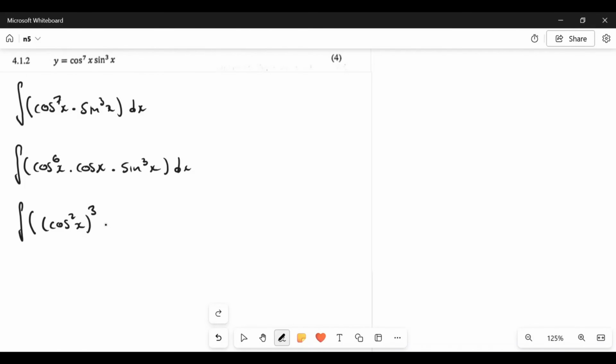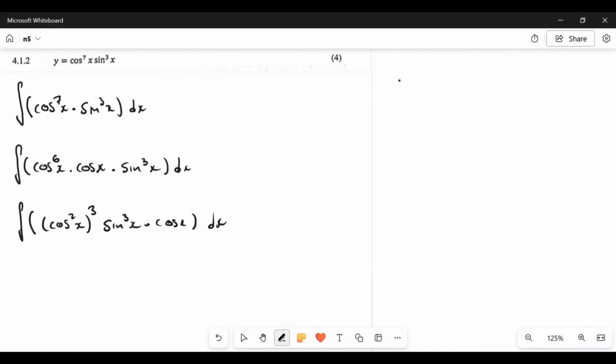Right, let's continue. So let me just write it like this for now. Sine to the power of 3x multiplied by cos x, and then close bracket, and then dx here. Remember, I said earlier, we need to change cos in terms of sine. So how are we going to do that? We need to use the square identity.